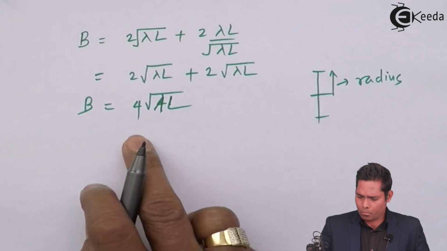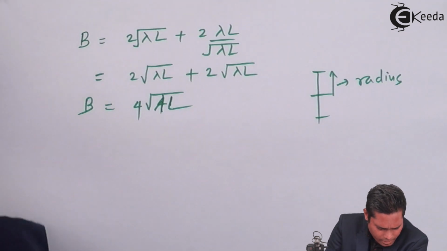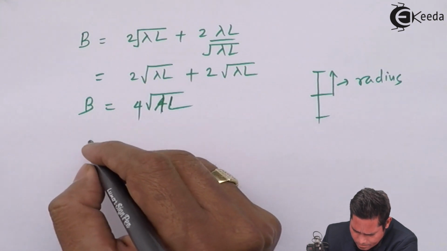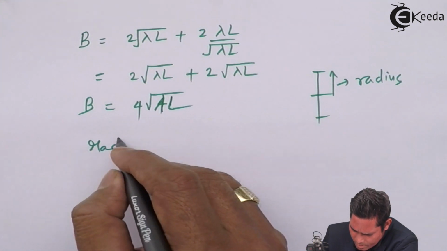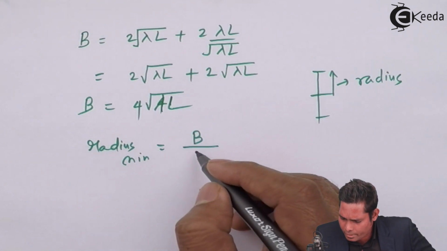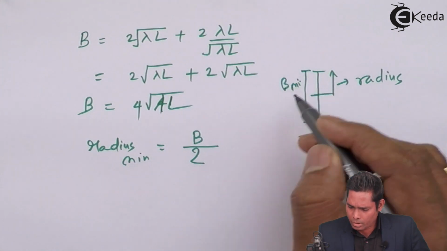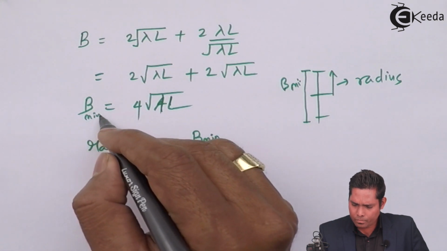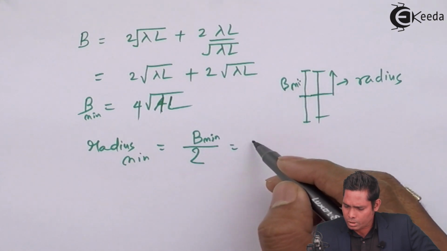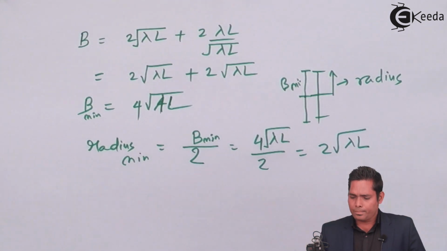This B minimum, we got 4 root of lambda L. Then the radius minimum will be this B divided by 2, because this total is B or B minimum. This is B minimum divided by 2, because we want the radius to be minimum. So this is 4 root of lambda L divided by 2. This is 2 under root of lambda L.